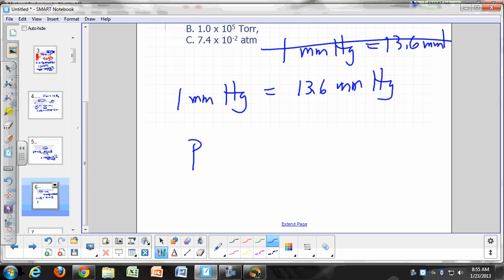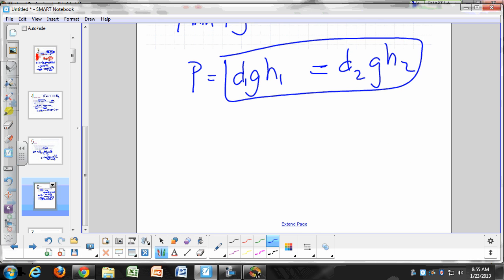Pressure is density times g times h, right? So if you have the same pressure for mercury and water, I'm going to call this density D1 and H1 for mercury. If that's the same as the pressure due to a column of water, D2, g, H2, where D2 is the density of water, H2 is the height of the water column, then how are the heights related?